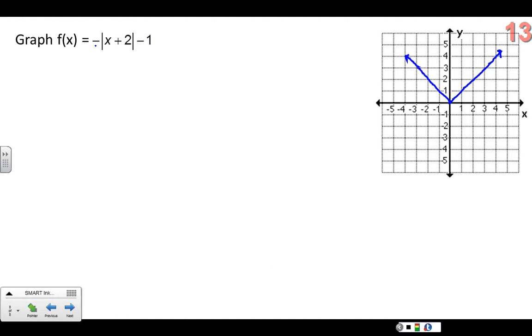So the flipped V, flipped across the x-axis, would be like so. So let's take away that original so you won't get confused. So that's going to be my flipping part right there across the x-axis.